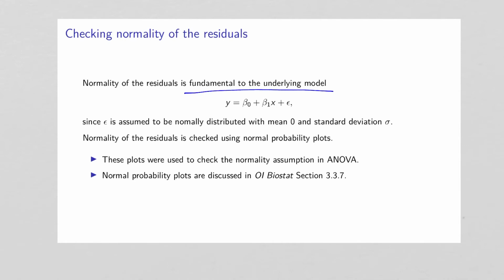You need to have that. If you don't have that, your linear regression is not valid, basically. The error term is assumed to be normally distributed with mean 0 and standard deviation sigma. Normality of the residuals is checked using normal probability plots. The plots were used to check the normality assumption in ANOVA, and it's discussed in section 3.3.7.